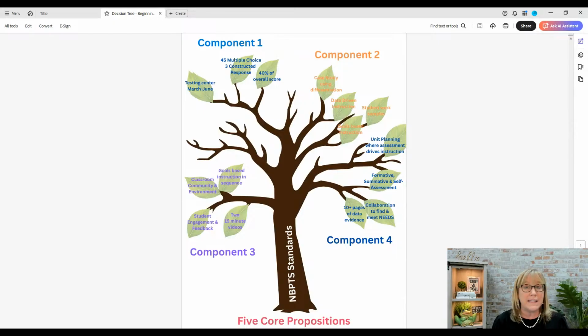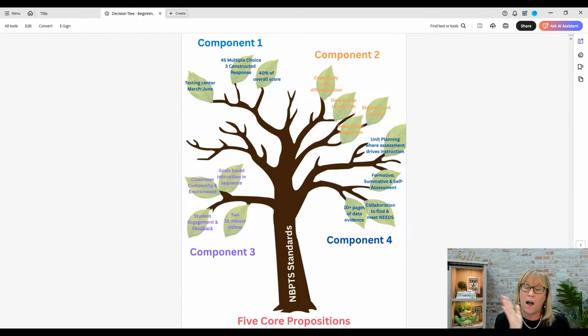They are very similar, super similar in C3 and C4 because you're doing the same types of things. But in C1 and C2, they're very specific to your certificate area. So again, we're moving up from the roots to the trunk. And now let's stay low on the tree here. And I always suggest we start with component 4.